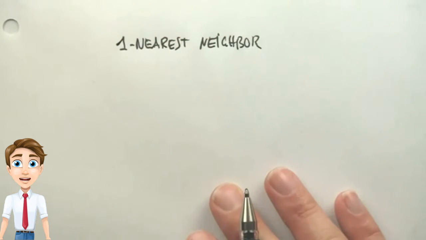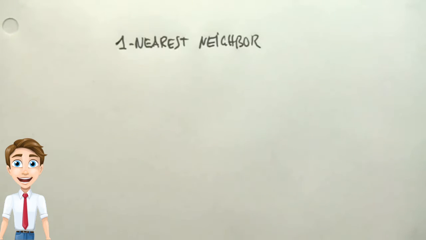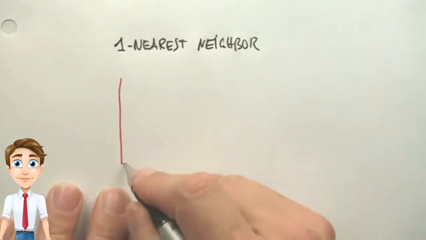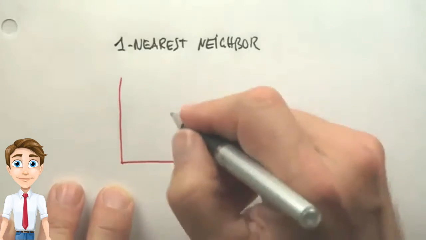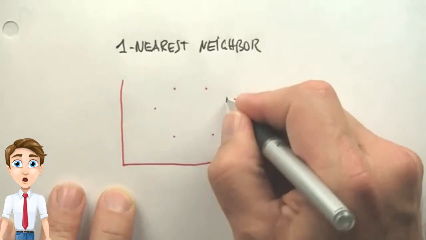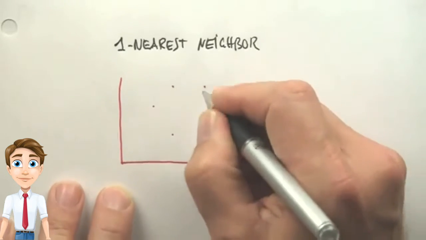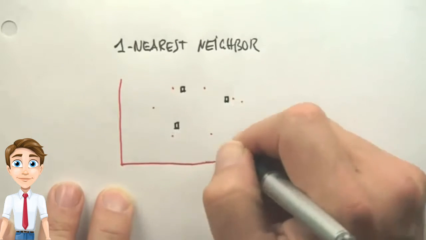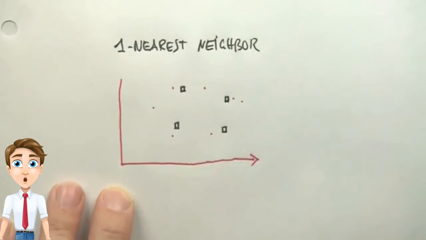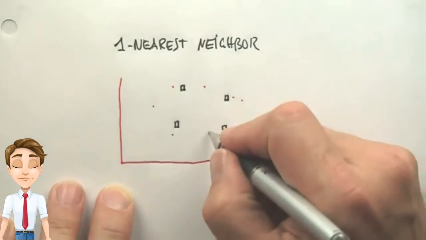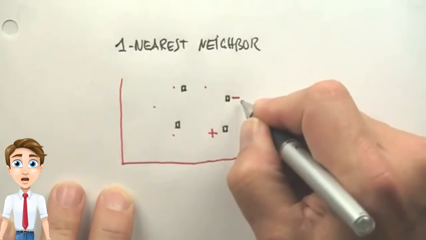Nearest neighbor is so straightforward, I'd really like to introduce it using a quiz. So here's my quiz. Suppose we have a number of data points. I want you, for one nearest neighbor, to check those squared areas that you believe will carry a positive label. And I will give you the label of the existing data points.